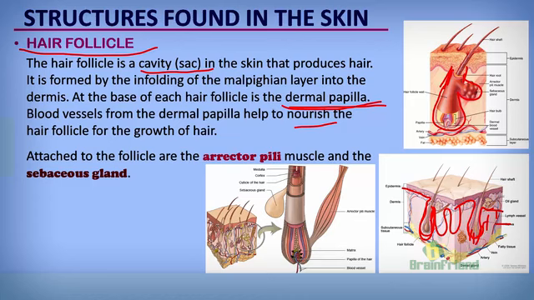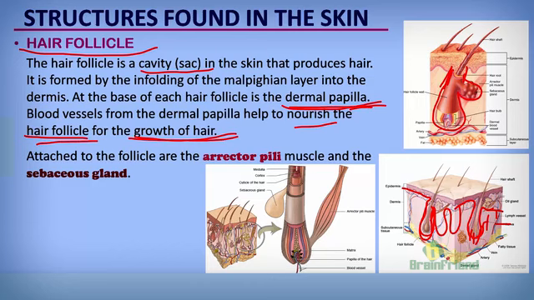This nourishment and oxygen helps the hair follicle to continue to divide so as to produce new cells, which helps the growth of hair. So the dermal papilla nourishes the hair follicle and helps the hair to grow properly.